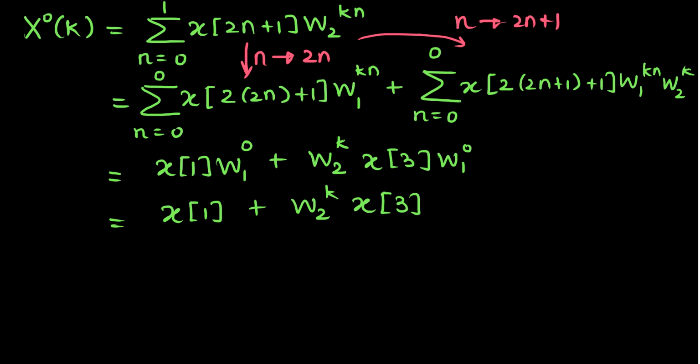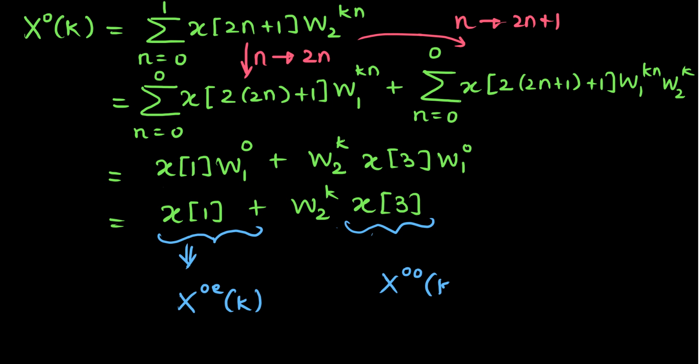And again what we can observe is this part here is basically the even part of this initial odd component, so it can be written as X odd-even of k, and this is the odd part of this initial odd component, so it can be written as X odd-odd of k.